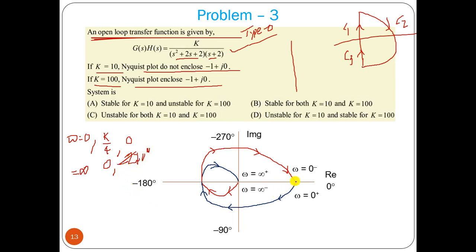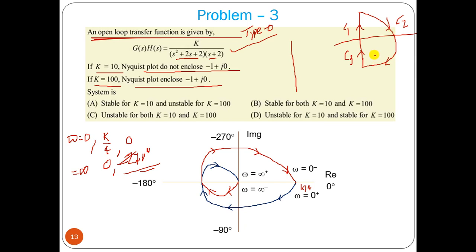So, it should start from 0 degree, where the value is k by 4, and it should end by crossing minus 90, minus 180 degrees and then going to 0 at minus 270 degrees. Then we have this C2.